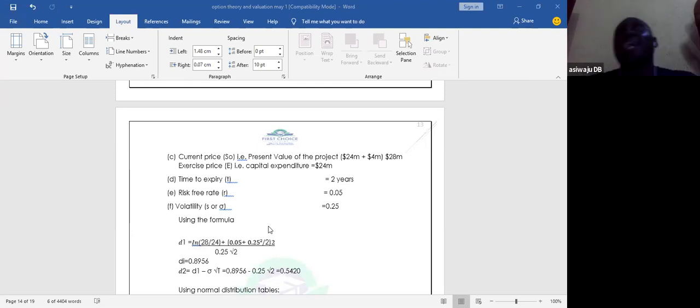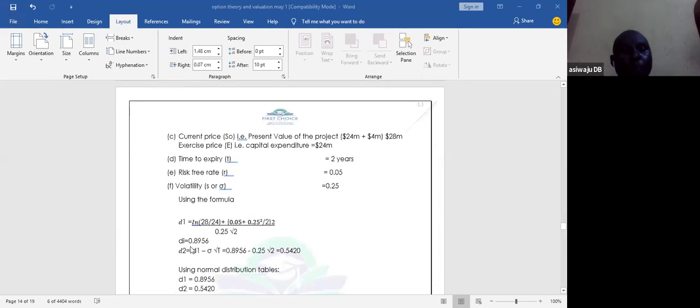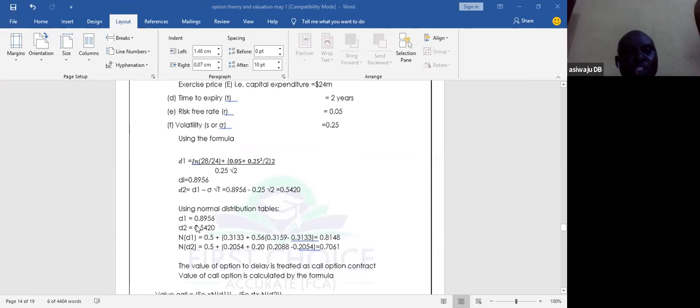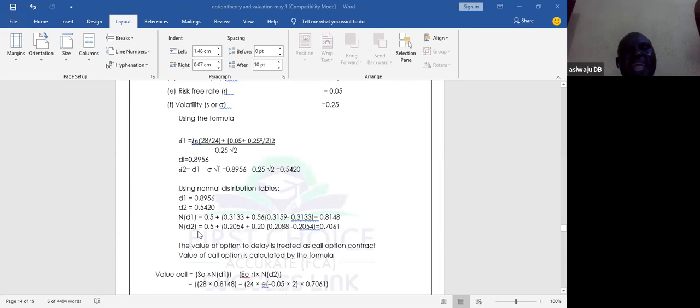What we were looking at last time was the option to abandon. This time you can test the option to delay. You compute your D1; I assume you put a calculator to work. As soon as you compute your D1, compute your D2. Use your normal distribution table to compute your N(D1) and N(D2).